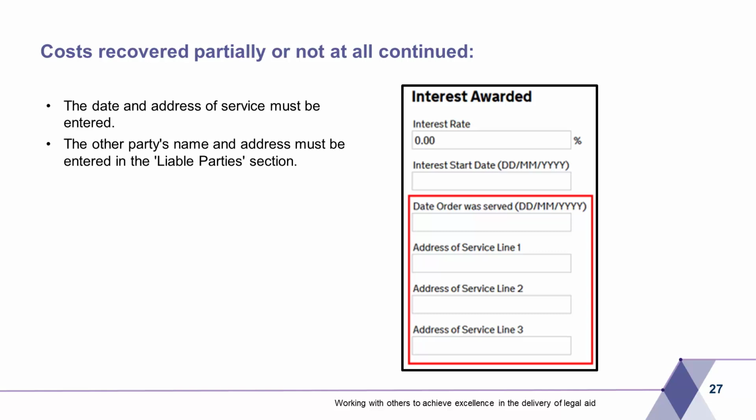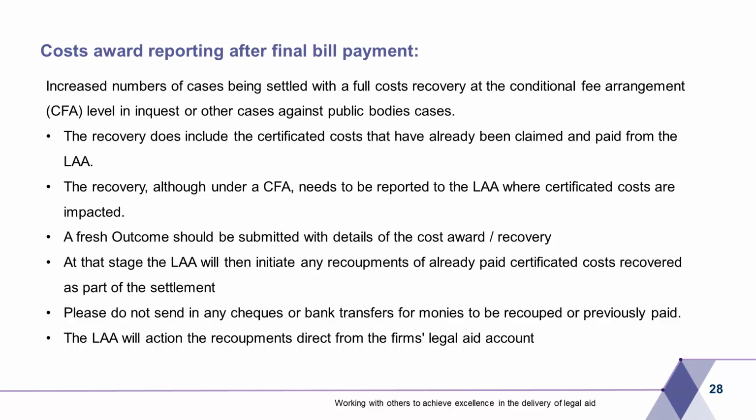Finally in this section, the date and address of service needs to be entered, and the other party's name and address must be entered in the liable parties section, and that information will all go to our recovery services team.